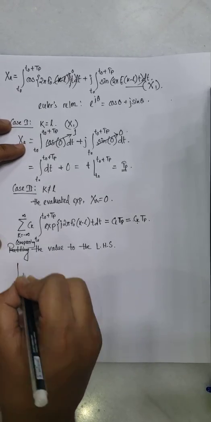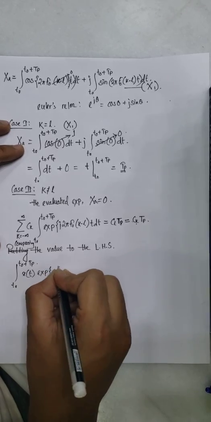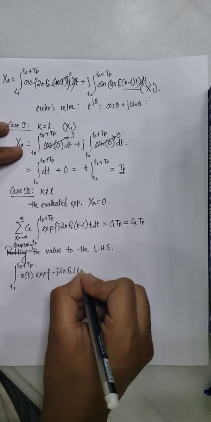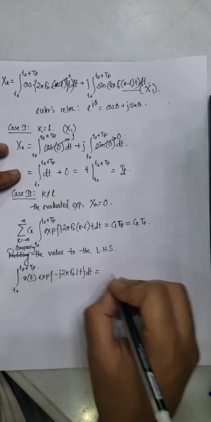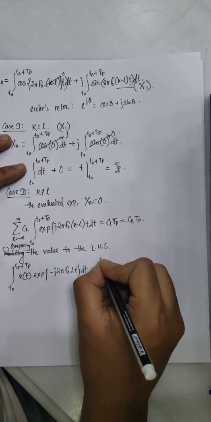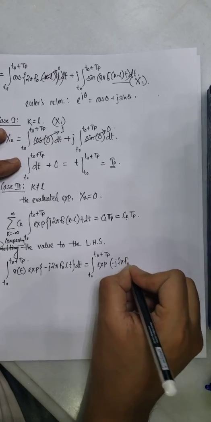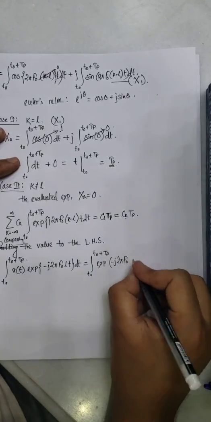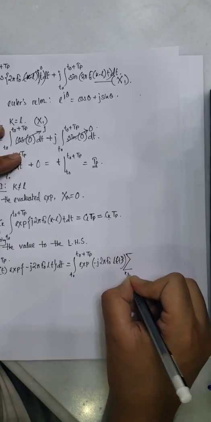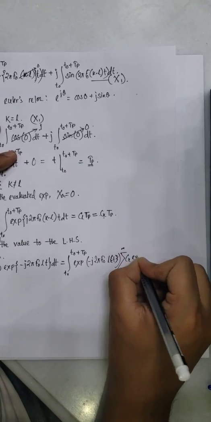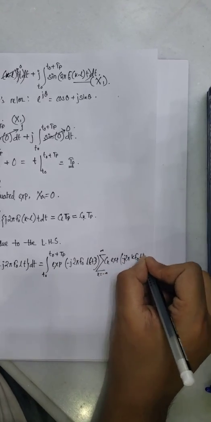That means the integral from t naught of x of t e to the power j 2 pi L t dt was equal to this quantity, which was the integral from t naught of e to the power j 2 pi f naught L times t, summation of k, which runs from minus infinity to infinity, c of k e to the power j 2 pi k f naught t dt.